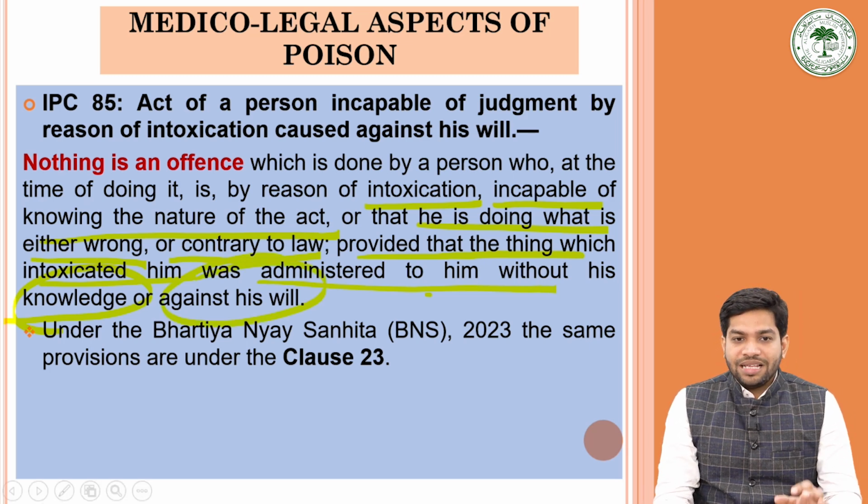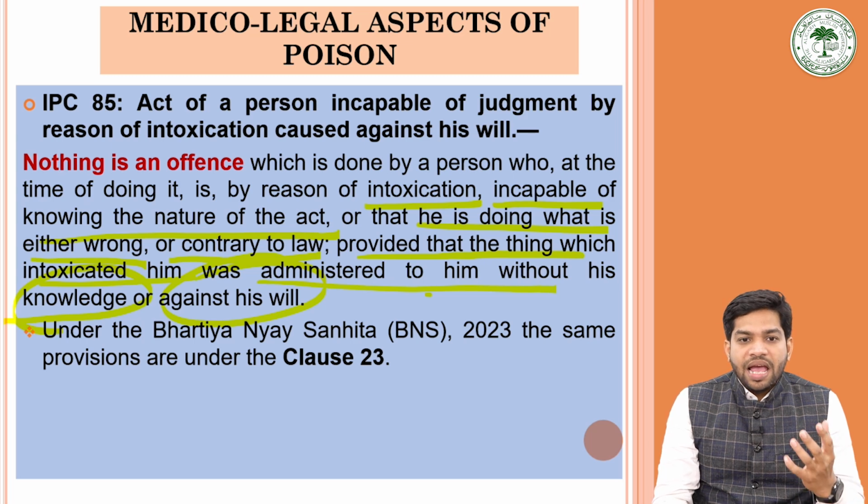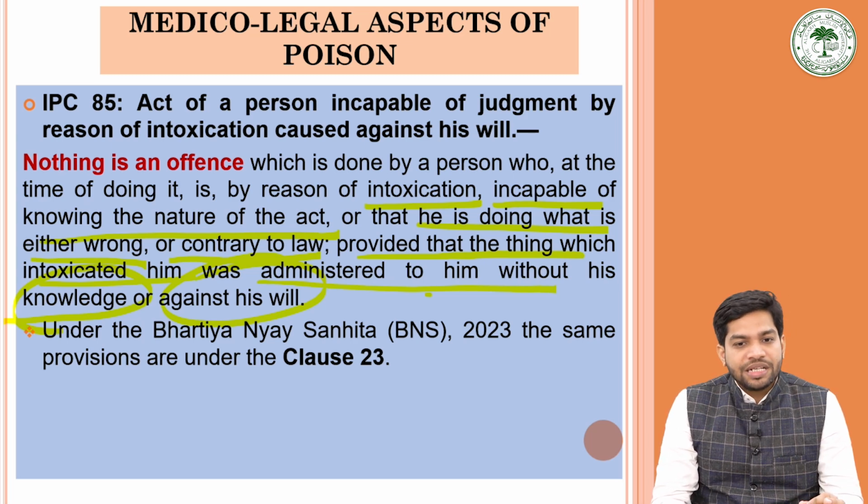So, if he has been intoxicated without his knowledge or against his will, and in that condition he commits any offense, then it will not be considered an offense, or he will not be punished for that offense.